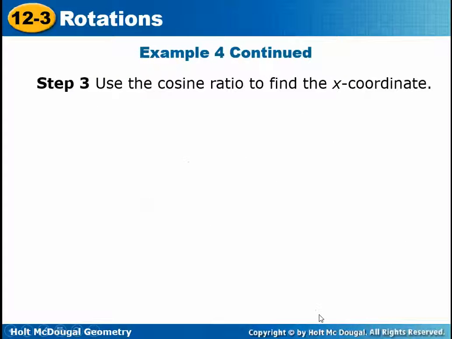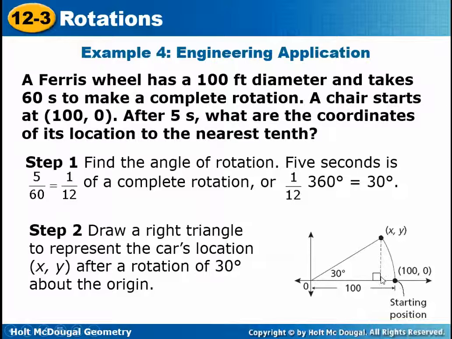Now, this is an example where it's not 90, it's not 180. So here's how, if you're interested, this is not a required part of the assignment, to find where our image is going to be, you would use this ratio, cosine of 30. Let me go back to the picture to show you. We're trying to find this point. It's a 30-degree angle, and you can make a right triangle by dropping straight down, and then you'll see the cosine of 30 is adjacent over hypotenuse. So the cosine of 30 is equal to the adjacent side over the hypotenuse.